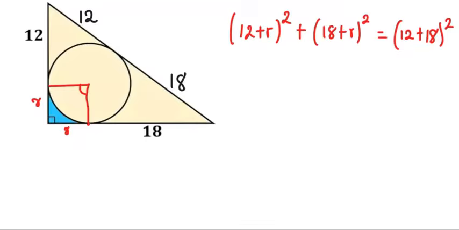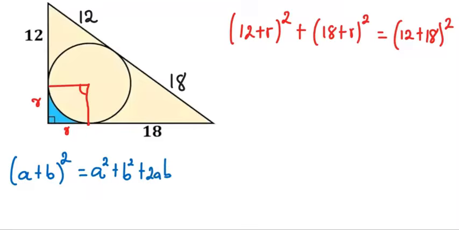Awesome. So here, let us use the following algebraic identity. (a plus b) squared is equal to a squared plus b squared plus 2 times a times b. Using this idea, we get r squared plus 12 squared, giving us 144, plus 2 times 12 times r, giving us 24r.